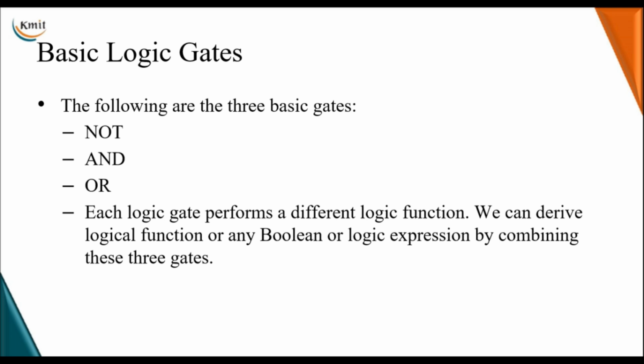We can derive their logical functions by combining all the inputs and observing the output for each combination of input. So we can design a digital circuit by interconnecting these three basic gates: AND, OR, and NOT.